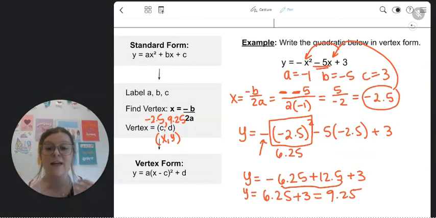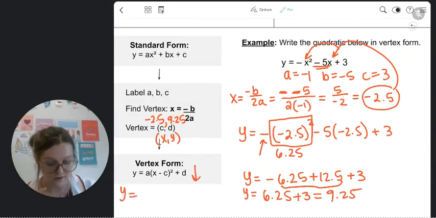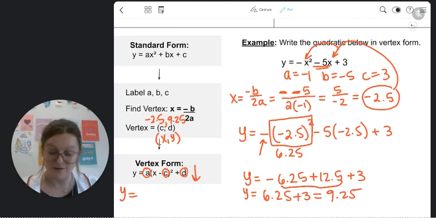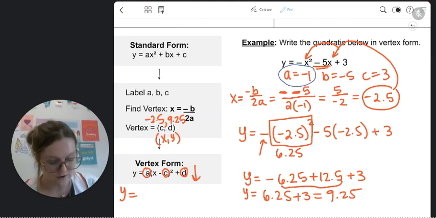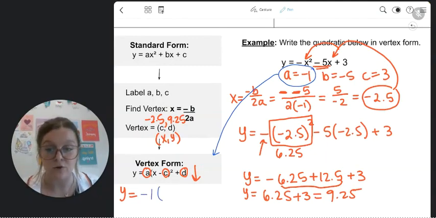Now that we have that, we have everything we need to complete our vertex form. I'm going to say y is equal to, the things we're plugging in are the a, the c, and the d. Everything else we just copy exactly as it is. You're like, Miss Kish, I didn't solve for an a. Well, I didn't, because they gave it to us. So here's my a value, so I'm going to bring that down here, negative 1. You could just put a negative if you don't want to put the 1.